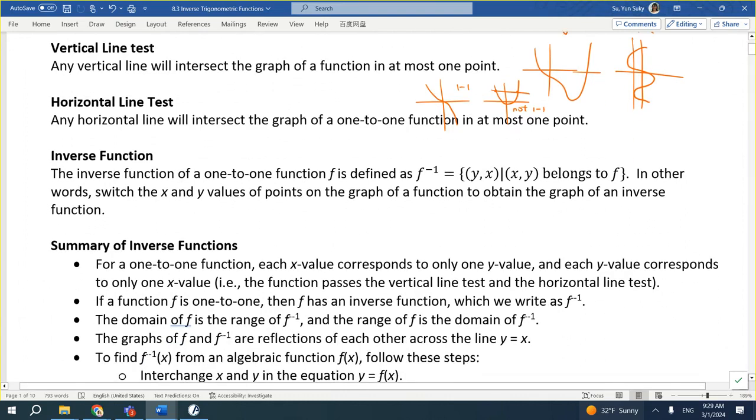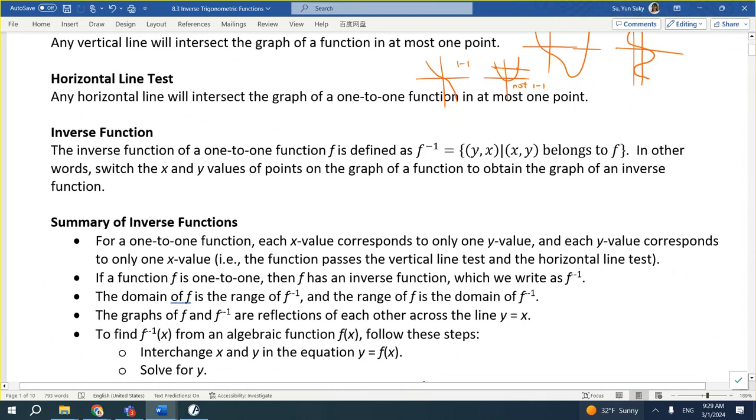Then continue: inverse function. You have to have a one-to-one function, then you can define the inverse function where you interchange the x and the y. In terms of the graph, let me give you an example: e to the x looks like that.